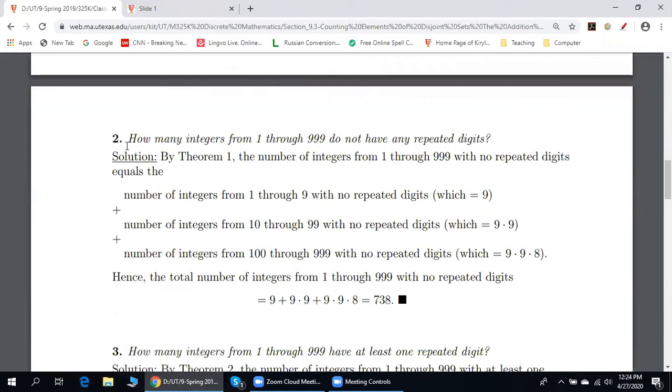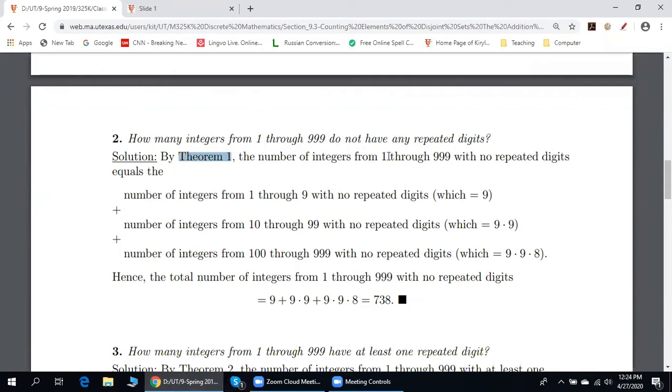Next, how many integers from 1 through 999 do not have any repeated digits? Again, we start with theorem 1.